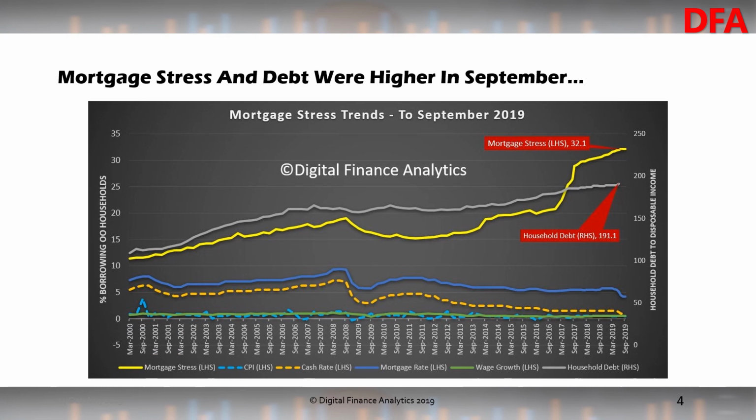But the other dimension, I also look at the RBA data on household debt, and of course that went up to 191.1. So we are in the situation where, despite ultra low interest rates and despite all the enthusiasm to try and get people to come back into the marketplace, we have mortgage stress that's never been higher, and we have household debt that's never been higher.